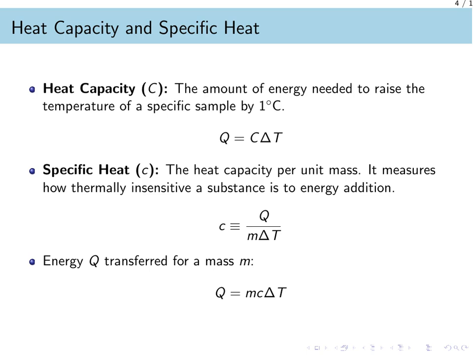Specific heat, represented by a lowercase c, is the heat capacity per unit mass. This property measures how thermally insensitive a substance is to the addition of energy. We can calculate the specific heat by taking the energy transferred and dividing it by the product of the mass and the change in temperature. Therefore, the total energy Q is equal to the mass times the specific heat times the change in temperature.